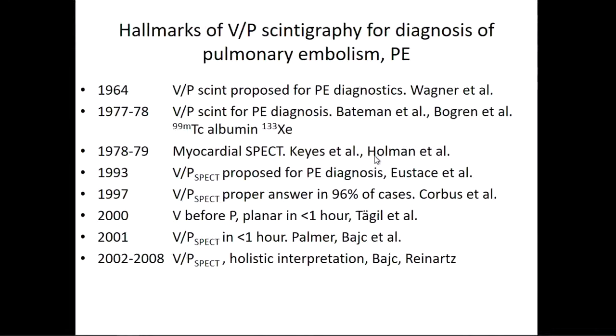SPECT was born just 40 years ago, and it started with myocardial SPECT, which fitted the size of the gamma cameras of those days. It took a while before ventilation perfusion SPECT was performed, and Corbus et al. already in 1997 presented about 1,000 cases, and showed that you could give a proper reply to the clinicians in 96% of the cases.